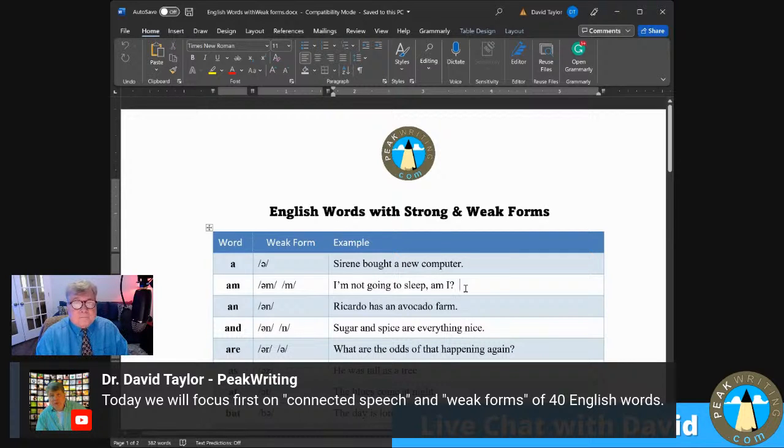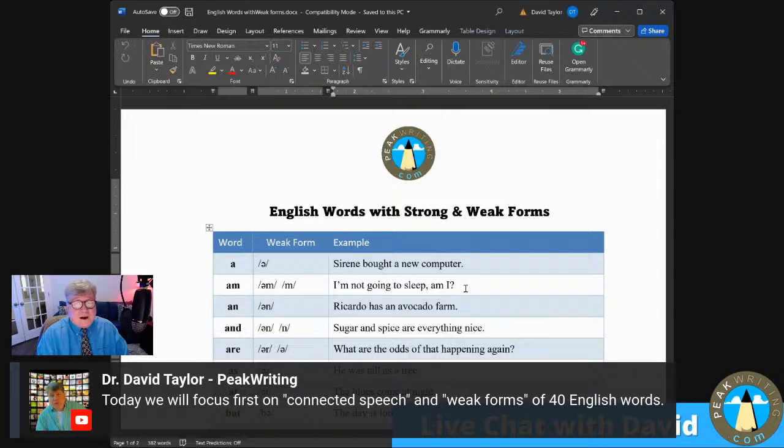I'm not going to sleep. Am I? The "am I" is stressed because it forms a question. The am and the I become reversed in order to signal a yes or no question.